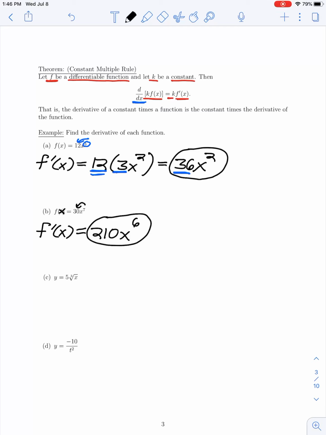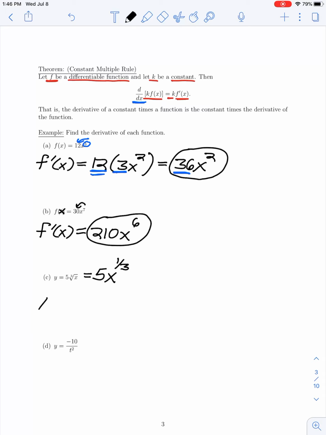Now in part C, we have y is 5 times the cubed root of x. And remember, when we're dealing with these radical expressions like the cubed root, we might first rewrite them in terms of fractional powers. So we could rewrite this as 5 times x to the 1/3 instead of the cubed root of x.